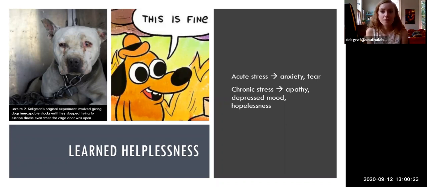In that study, even when the dogs were later given a chance to escape, they were less likely to try. So this is the learned helplessness model of depression, that acute stress produces anxiety and fear, but when that stress is chronic and uncontrollable, over time, it produces feelings of helplessness and hopelessness, apathy, and depressed mood.